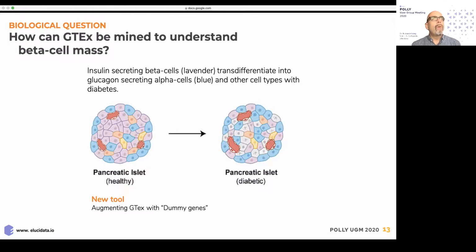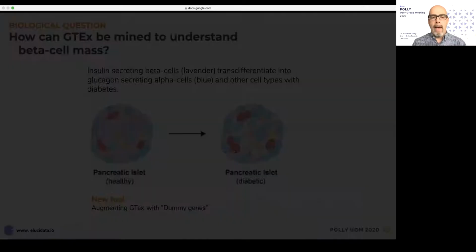What we wanted to do, and what is not typically possible to do, is to create a new gene and put that into the matrix of all these other genes and look at that relationship of our new dummy gene, as we're referring to it, across all the different donor pancreata. In this case, we're looking at the insulin to glucagon ratio, which would vary as a function of the beta cell to alpha cell mass.